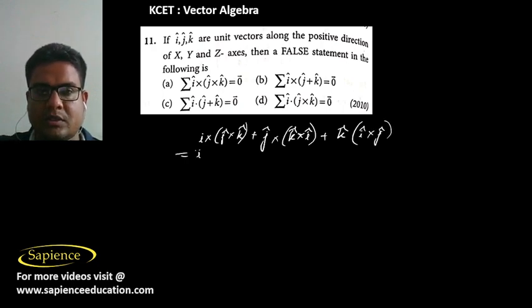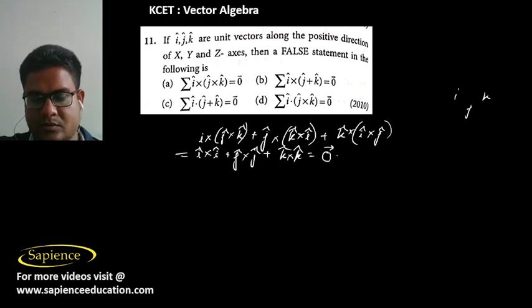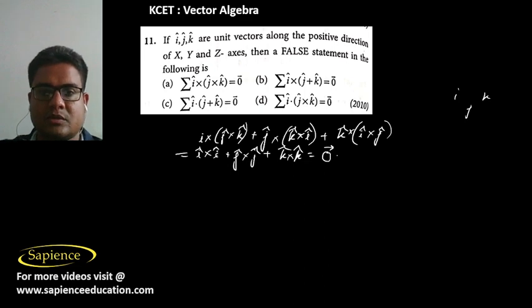That will be equal to: i cross j cross k is i, j cross k cross i is i, j cross k is i, k cross i is j, and i cross j is k, so k cross k, that is equal to 0 vector. So we have to find the false statement, so this is true.